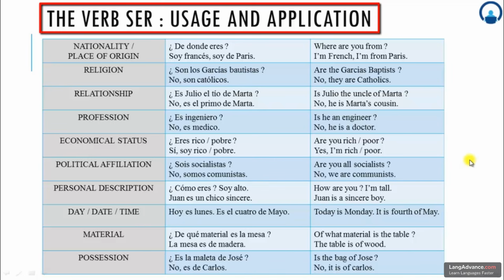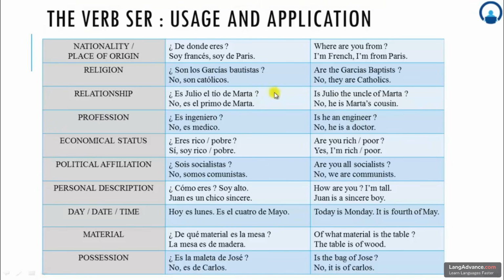It is normally used to give personal information and to express the conditions such as, we can see in this table, nationality, place of origin, religion, relationship, profession, economical status, political affiliation, personal description, day, date or time, material or possession.